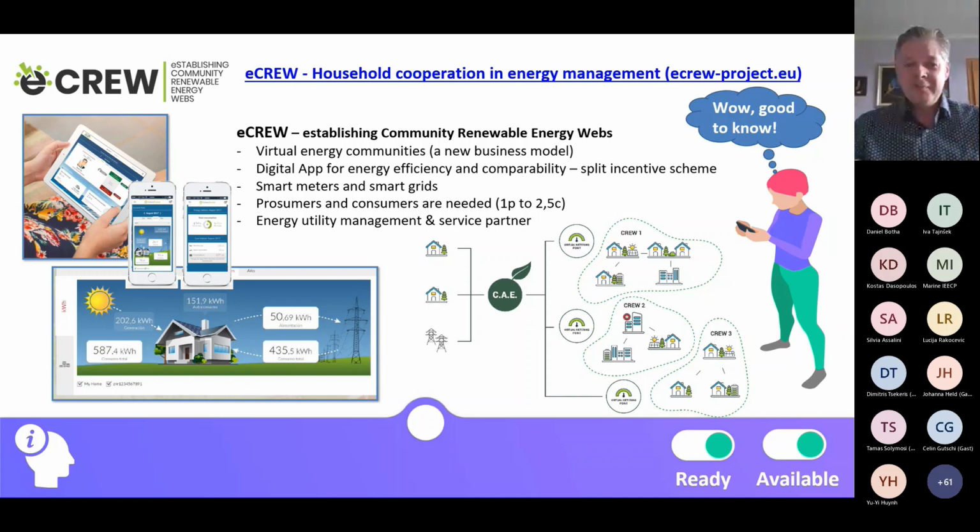So this may offer an opportunity for an energy utility to change its perspectives, not just focusing on energy generation, distribution, transmission, but also on being a service partner, probably unlike they were before. And in the next few sessions, I will talk about more tools that we have developed here.